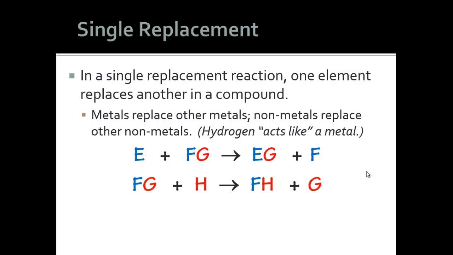In the second equation, you can see that that same compound, FG, is still around, but now we've put it with a different element, H, which you can see is red, so we want to think about H as a nonmetal. And so H will replace G, whatever the element happens to be, because H is a nonmetal and G is a nonmetal anion, and so it'll take the place of G and bump it out.